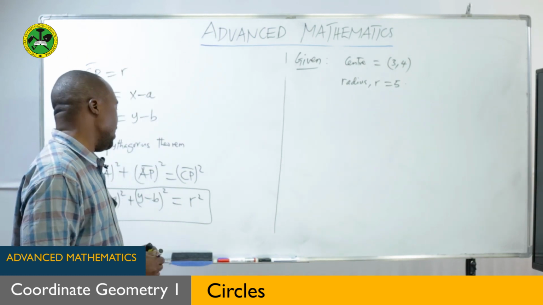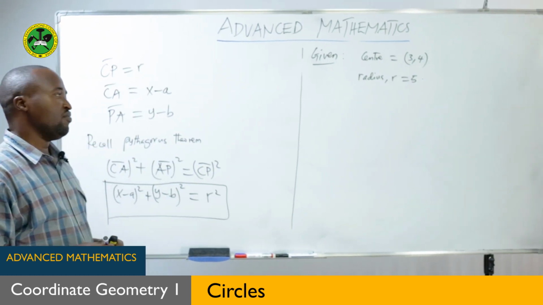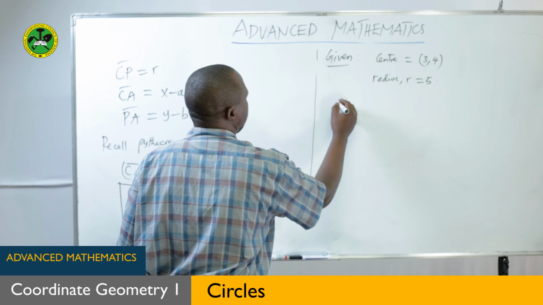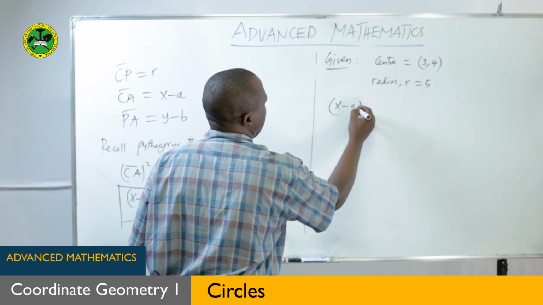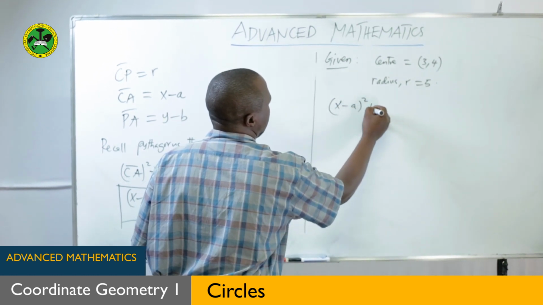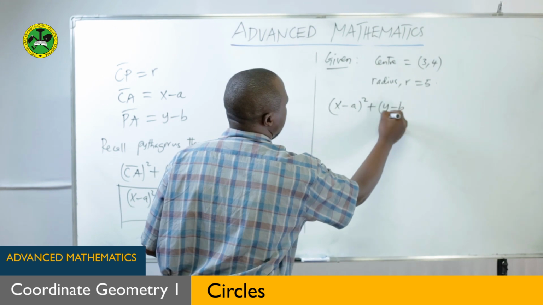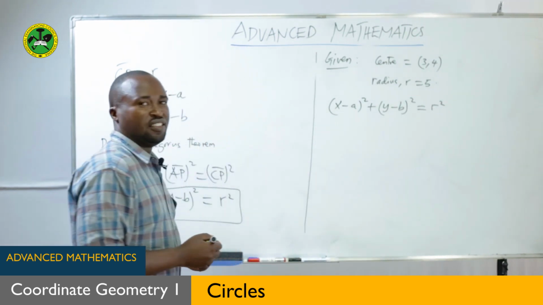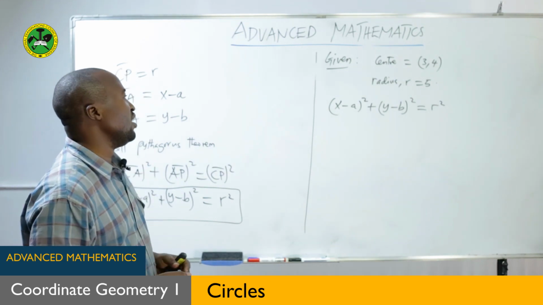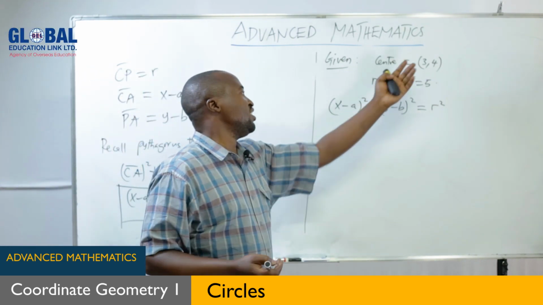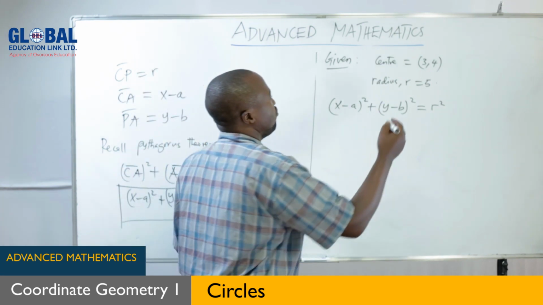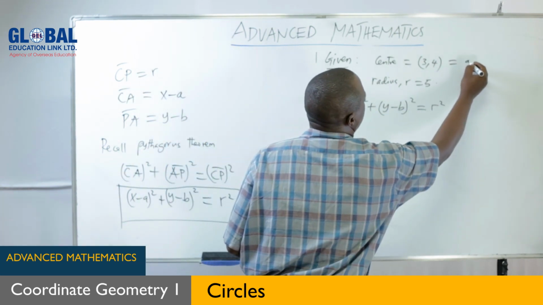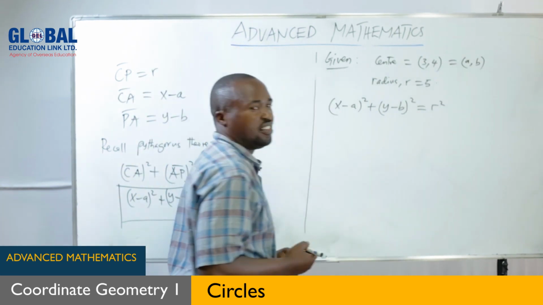Remember the general equation: (x minus a) squared plus (y minus b) squared is equal to r squared. We substitute the coordinates, the values of a and b.